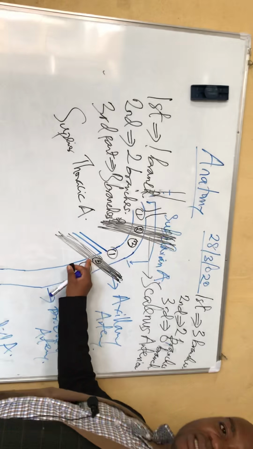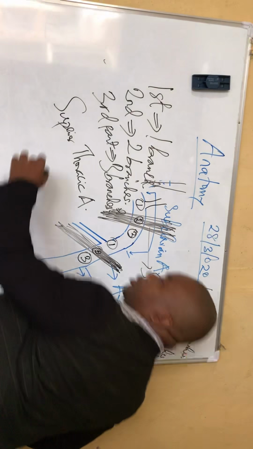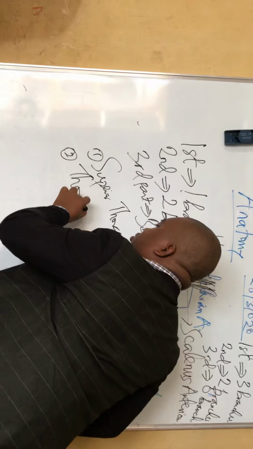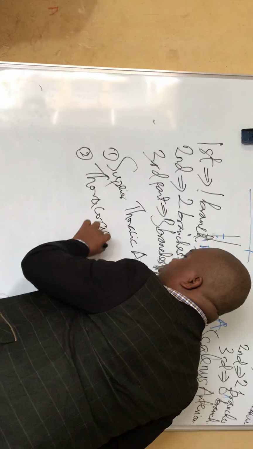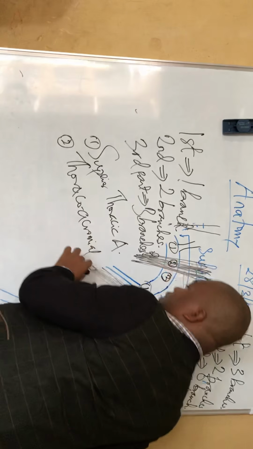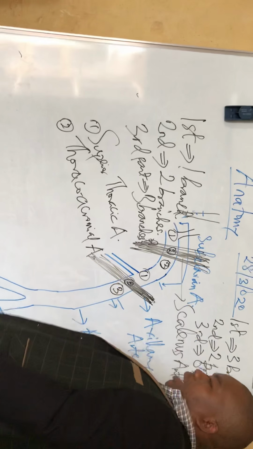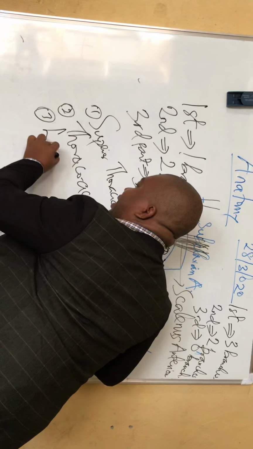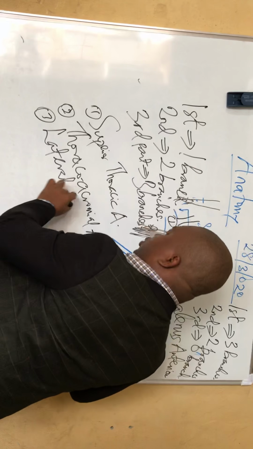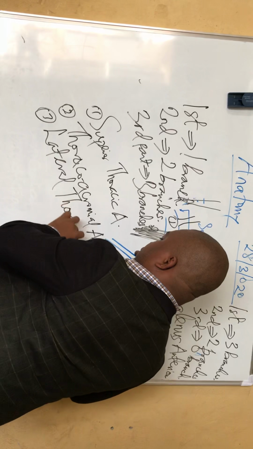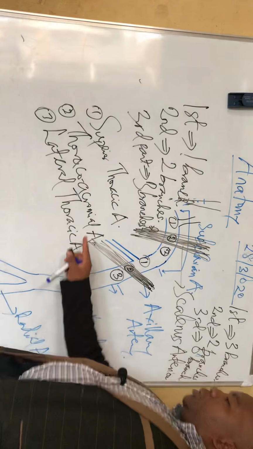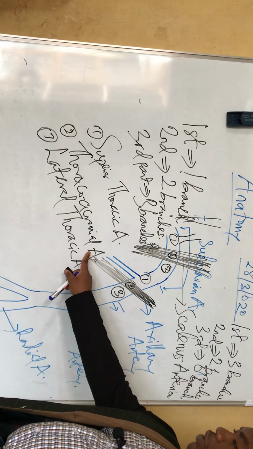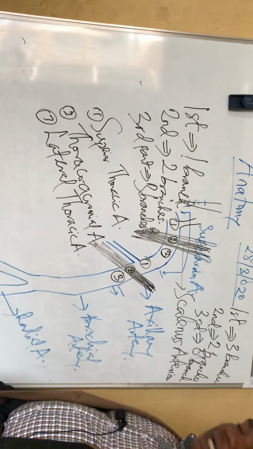Then for the second part, you have what is called the thoracoacromial artery, and you have the lateral thoracic artery. So the second part has two: thoracoacromial artery and lateral thoracic artery.